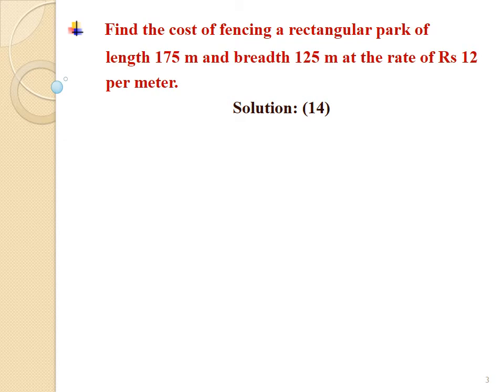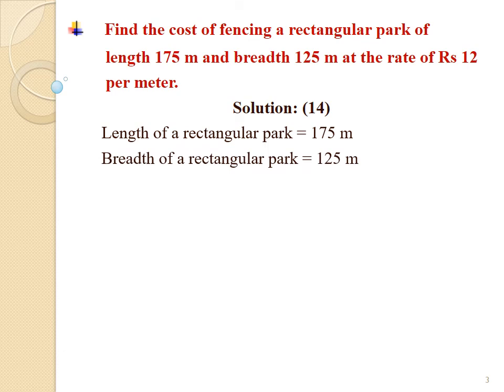So now, let us solve sum number 14 and find the perimeter of the rectangular park and the total cost of fencing it, after writing the necessary details given to us. Length of the rectangular park is given, 175 meters. Breadth is given, 125 meters. Therefore, perimeter of the rectangular park equals how much?